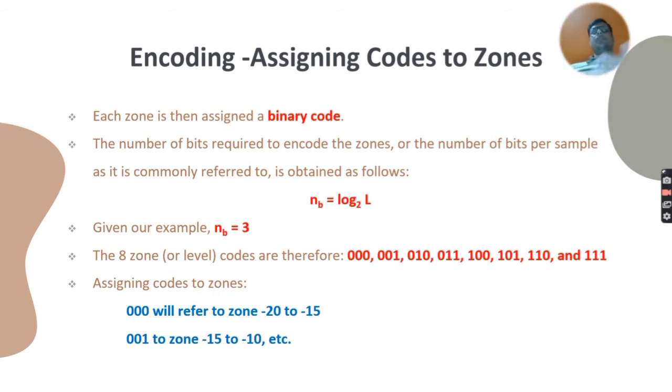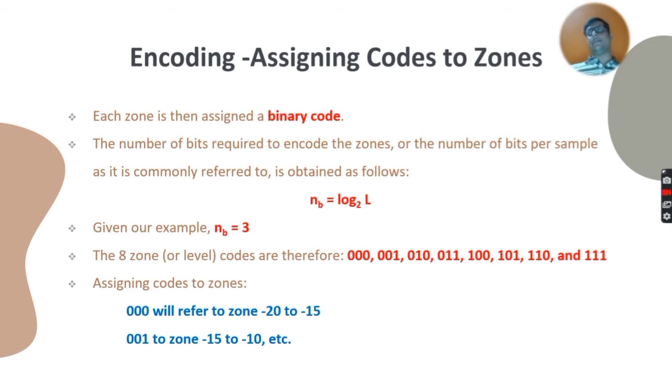So for 8 zones, we are going to assign the 8 combinations of 3 bits: 000, 001, 010, 011, 100, 101, 110 and 111. So these are the combinations of 3 binary bits for 8 levels. Now how are we going to assign them? First, 000 is assigned to the lowest zone, minus 20 to minus 15, so that midpoint is assigned 000.